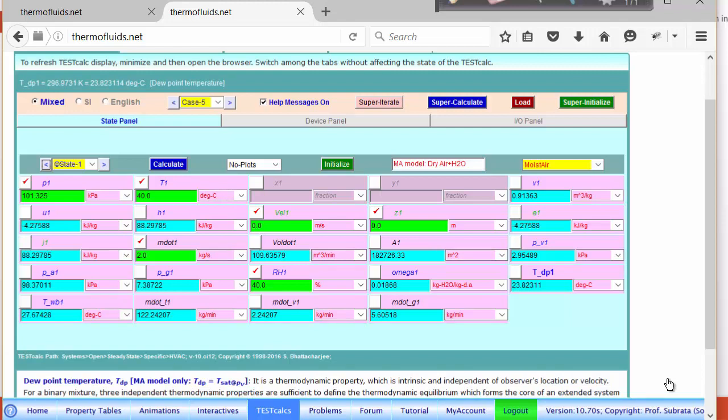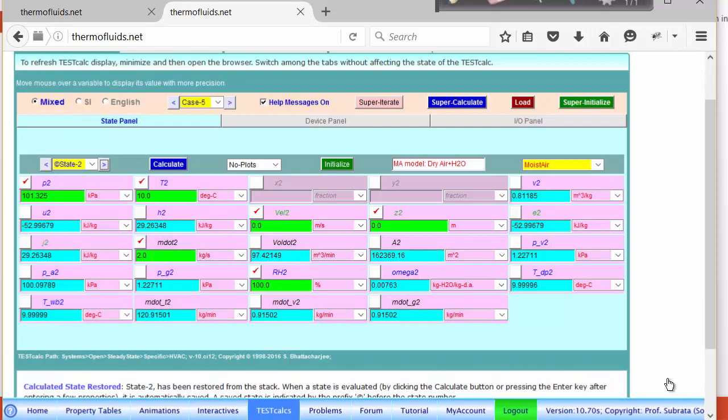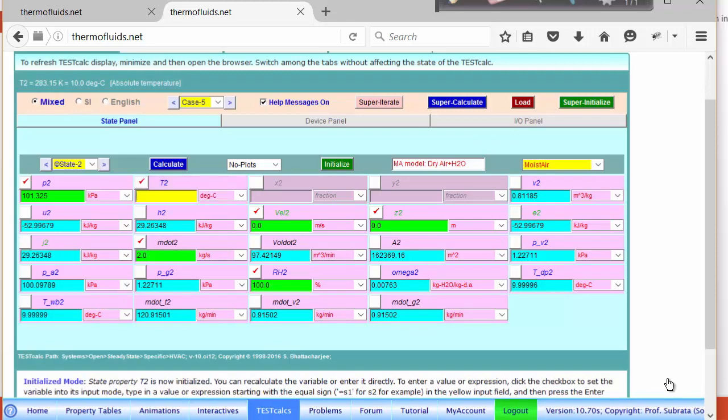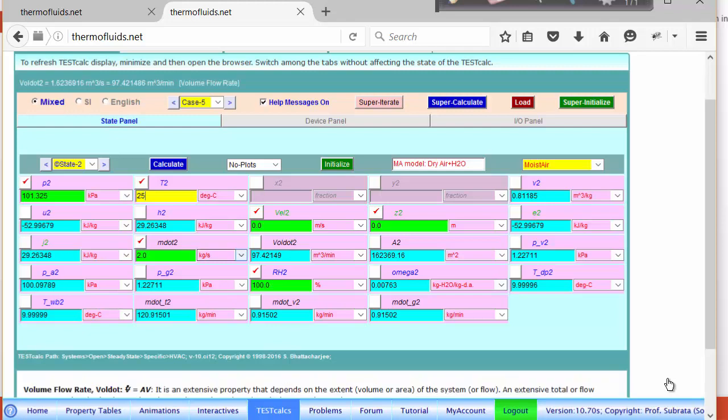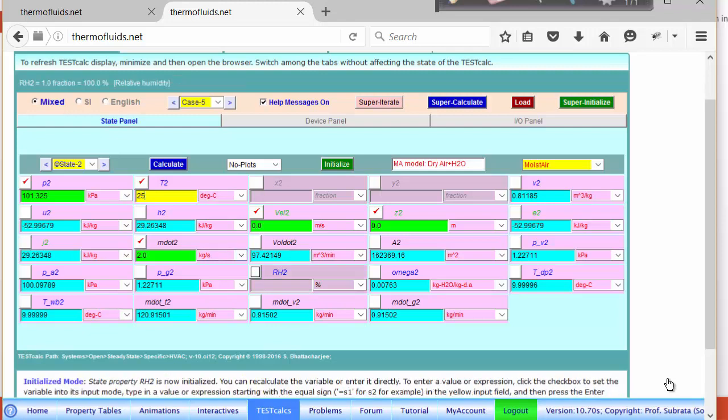The dew point was 23. So therefore, if we are at 25 degrees Celsius, there will be no condensation. The air will not be saturated at all. So therefore, omega must be same as omega 1.